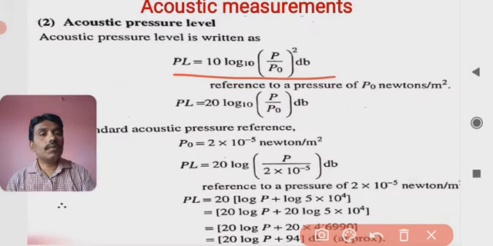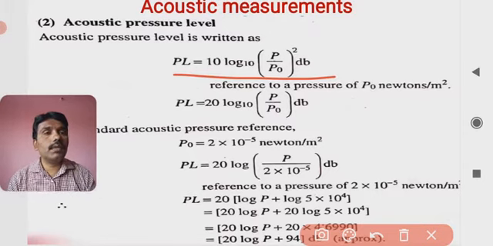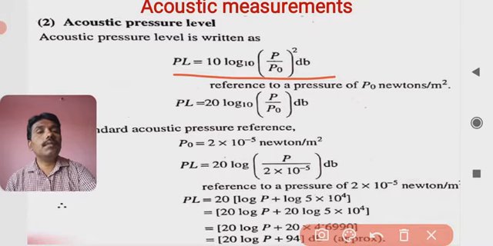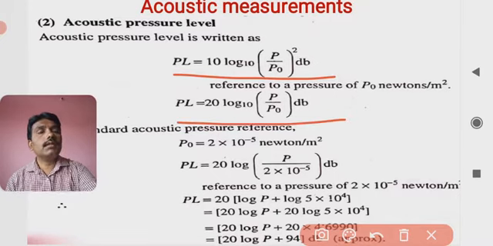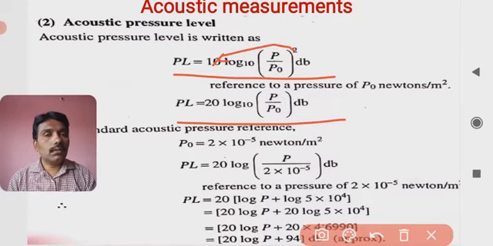PL is then given as, in 2, 20 log to the base 10 of P upon P0 dB.